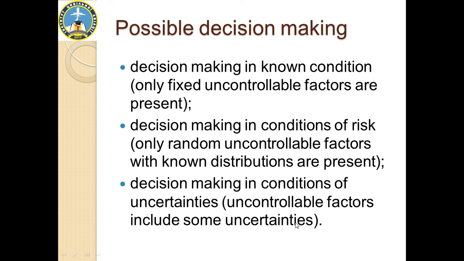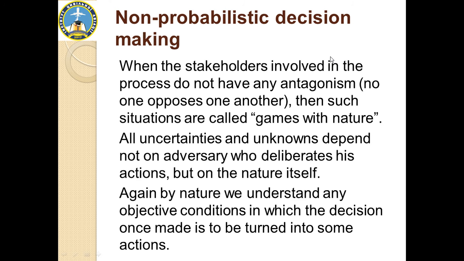Here we consider the so-called non-probabilistic decision making, when the stakeholders involved in the process don't have any antagonism. No one opposes one another. Such situations are called games with nature. So nature doesn't play against us. All uncertainties and unknowns depend not on an adversary who deliberates his actions, but on nature itself. So nature doesn't play deliberately against you.